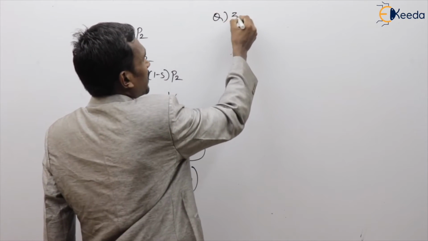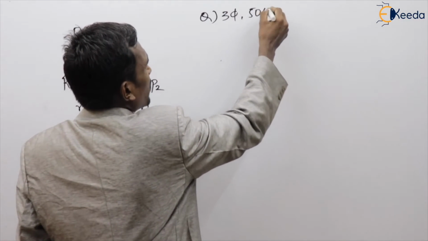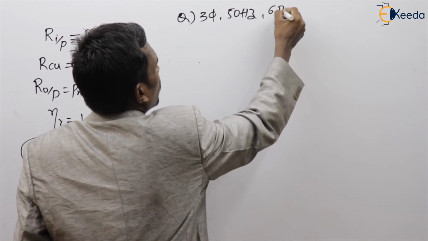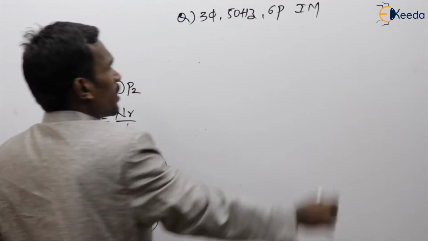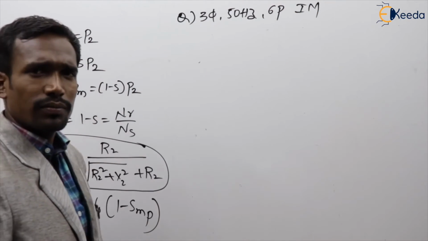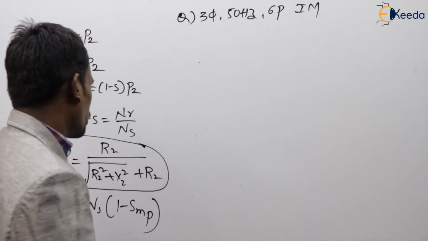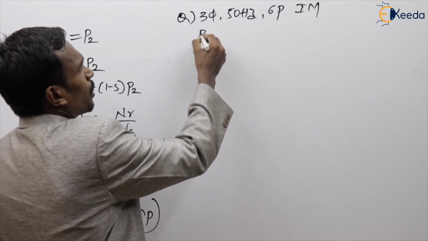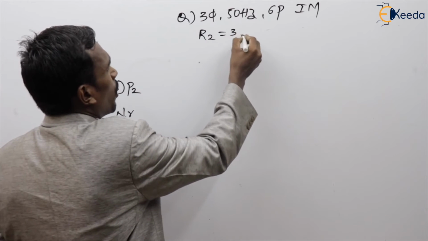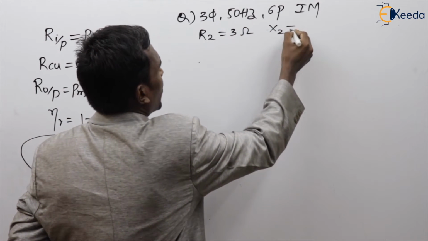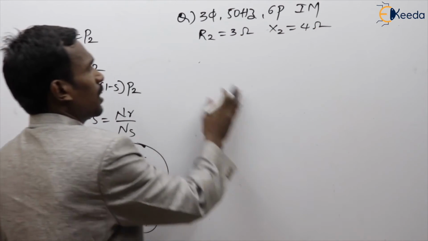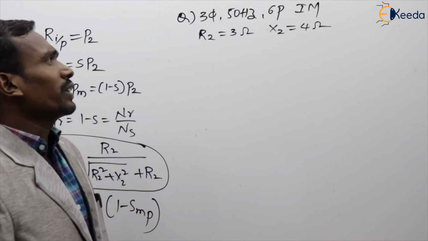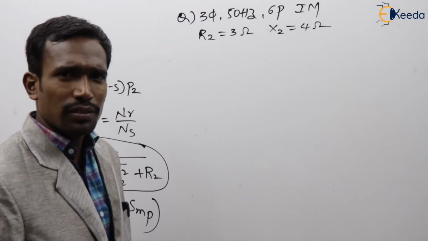What is the next question? For example, a 3-phase 50 Hz 6-pole induction machine. My rotor resistance is 3 ohms and rotor reactance is 4 ohms.